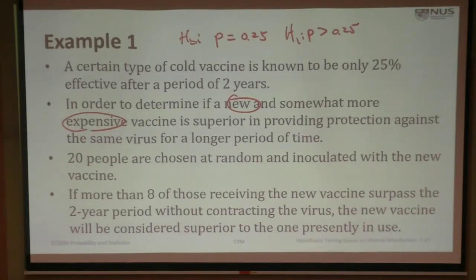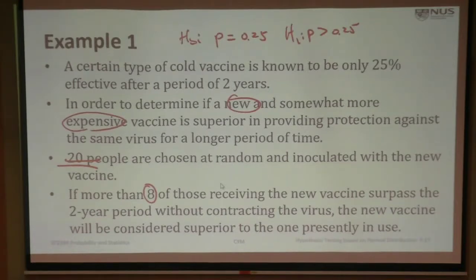So we already decide on the rejection and acceptance regions without considering any statistics yet. If the number of observations out of these 20 people shown to have passed 2 years without contracting the virus is large enough, then we say that the new vaccine is superior to the existing one.